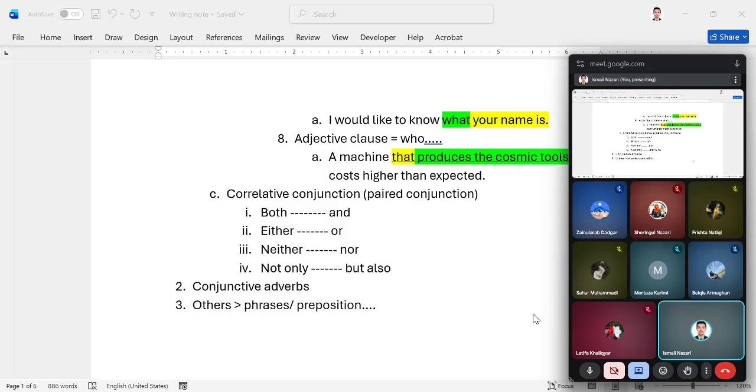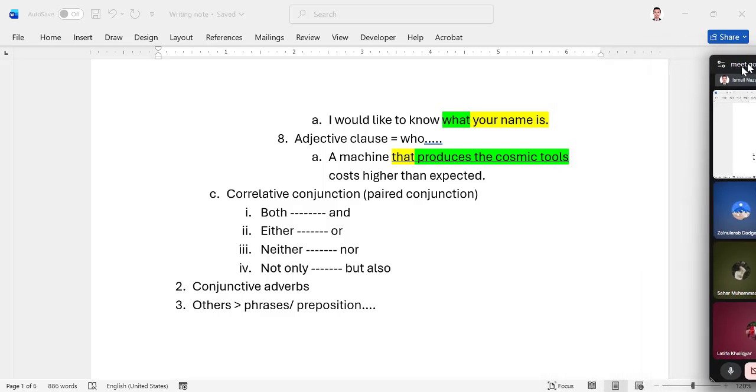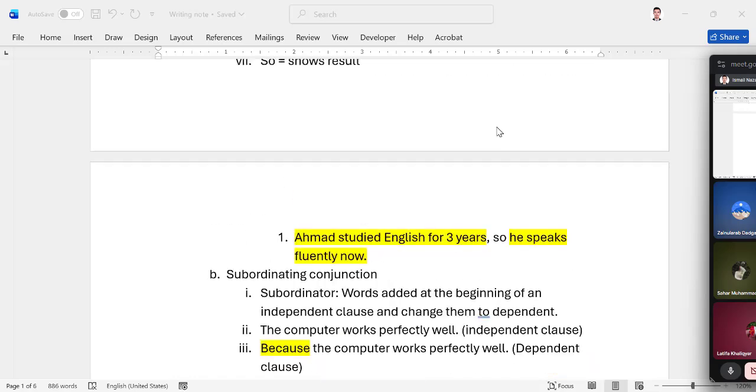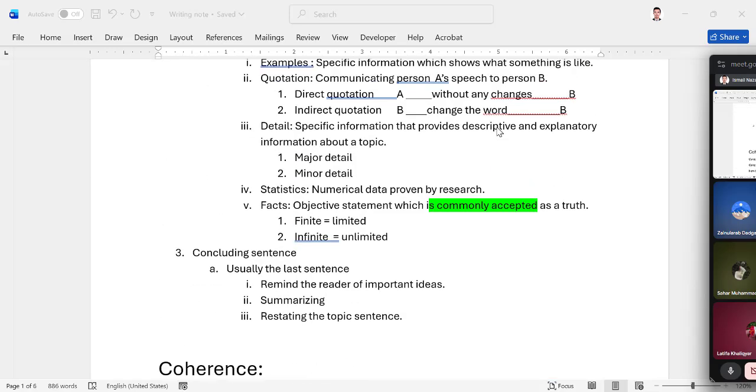Overall, the smooth connection between ideas that could be logically flowing through a text. So, we discussed how to bring coherence, some of the ways. I'll just give it a review and then we'll go ahead with the next part.